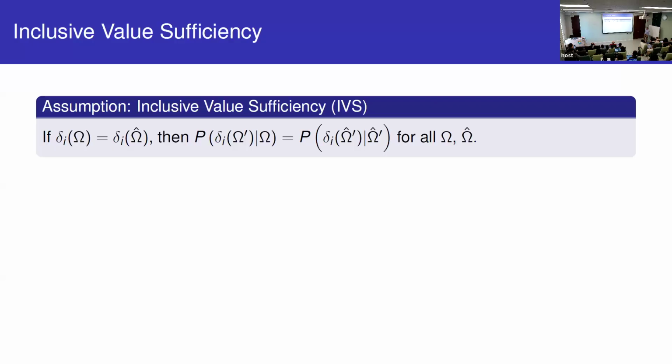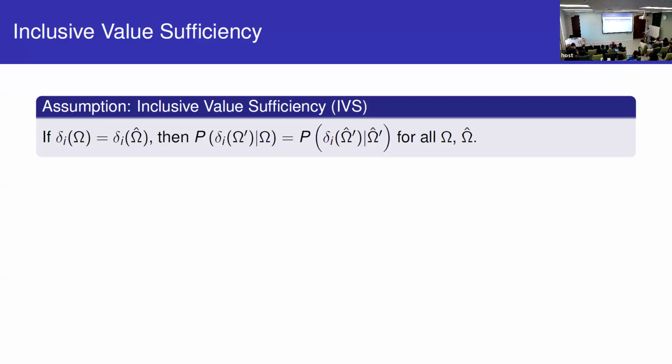So we have this assumption, and we give it a name because Rust had conditional independence and we wanted a name for our assumption. Other people were using the assumption, so we wanted a name so people would talk about it in the same way. Not sure it really worked out, but we did give it a name. We call it inclusive value sufficiency, which is to say that you use just the inclusive value to make your prediction.